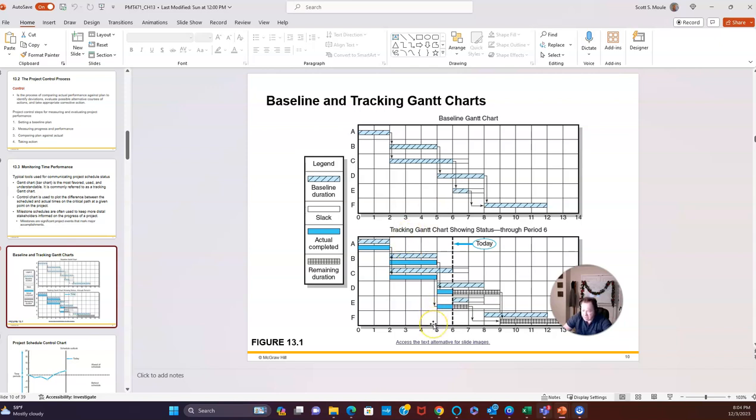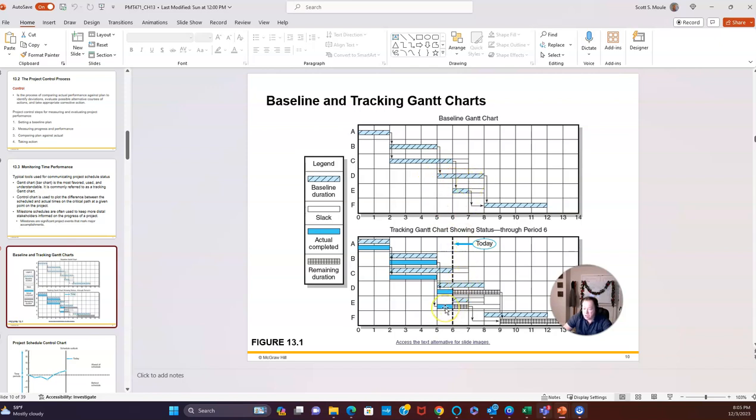So if you take a look at this, this shows you, well, gee, activity A, you thought it was 2 months, you finished in 2 months. You're doing great. You thought B was going to be 3 months, and you got it in 3 months. Activity C, you thought it was going to be 4 months, but you actually finished in 3 months. So you're ahead of schedule for C. And then you're 1 month into activity D, which is exactly where you thought.